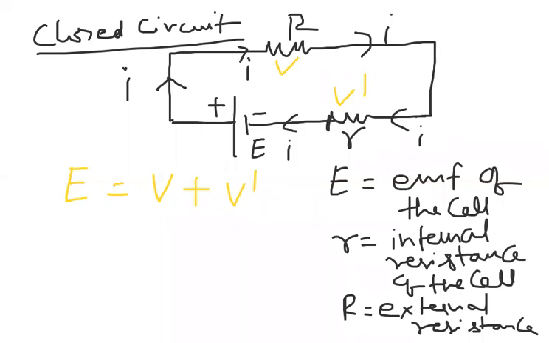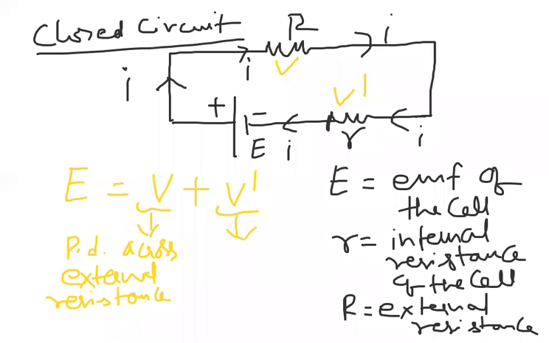Here V is the potential difference across the external resistance. And what is V dash? This is the potential difference across the internal resistance. It is also called loss volts.